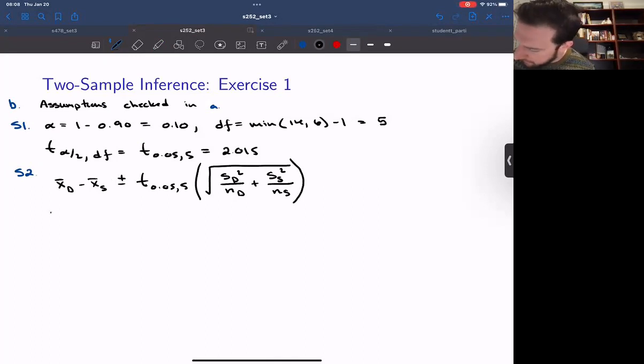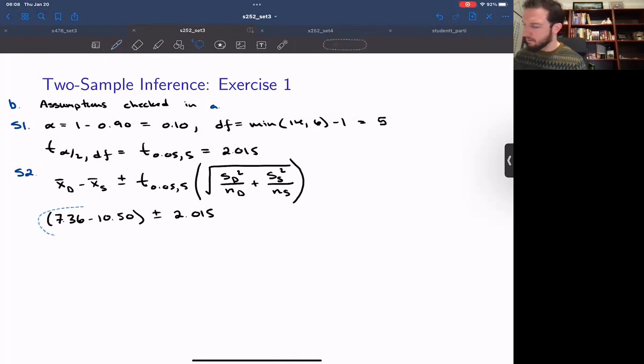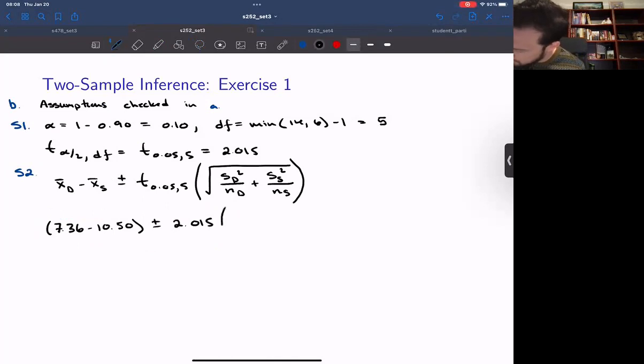And we will have here 7.36 minus 10.50 plus or minus 2.015 multiplied by the square root of 1.22 squared divided by 14 plus 4.59 squared divided by 6.